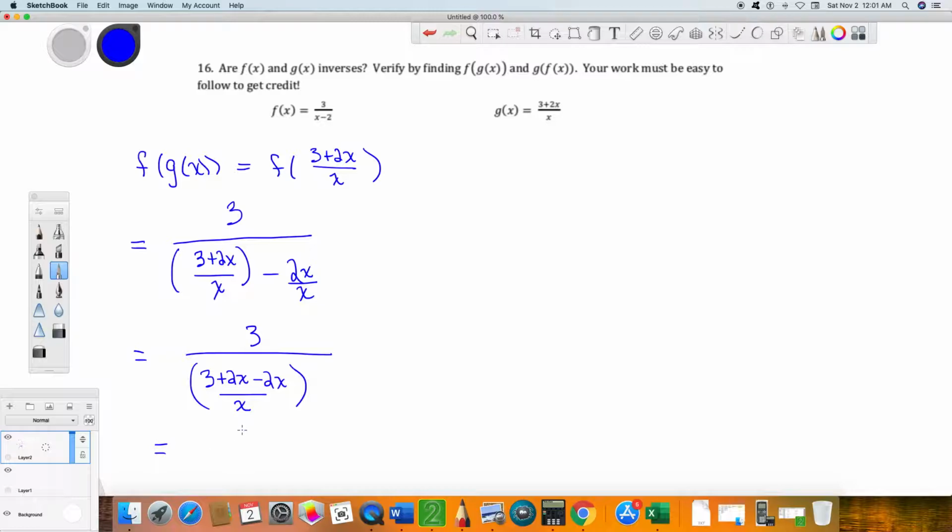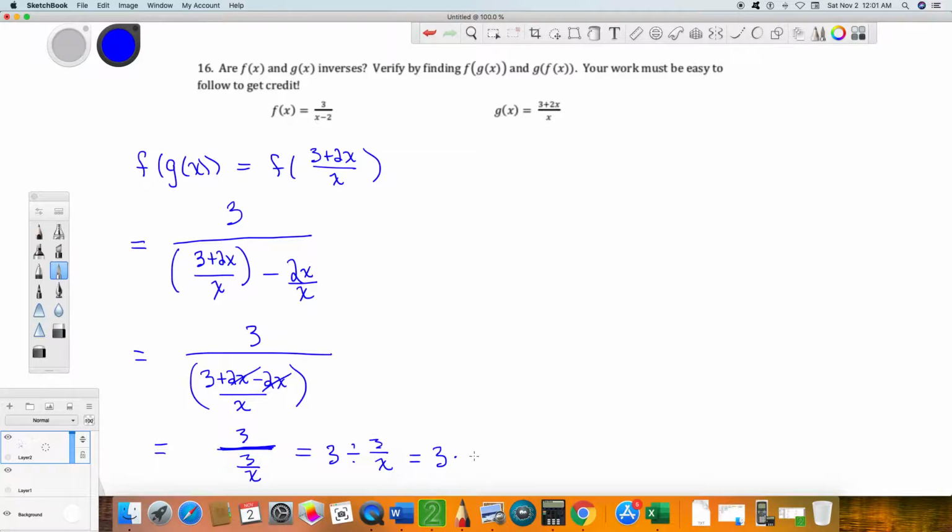So the 2x minus 2x cancels, and I have 3 over x. Now, this long fraction bar here, that's division. And we know that we can rewrite division as multiplication if you take the reciprocal of the divisor.